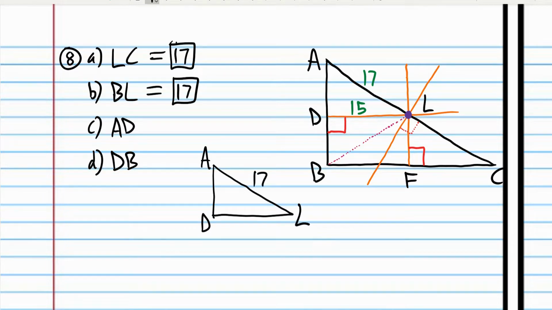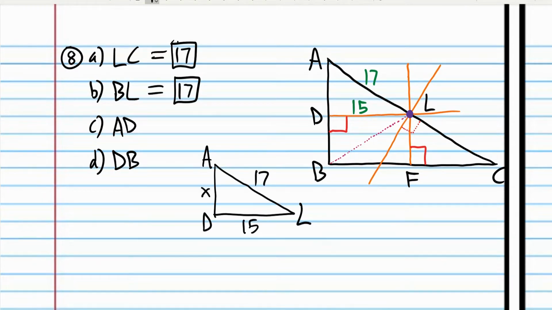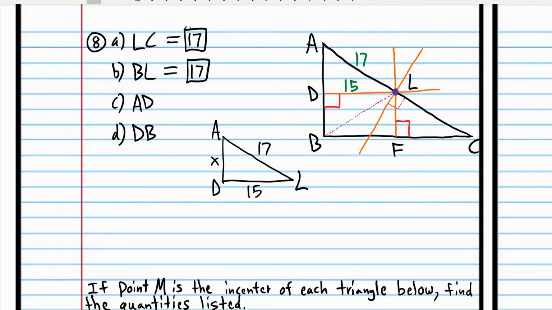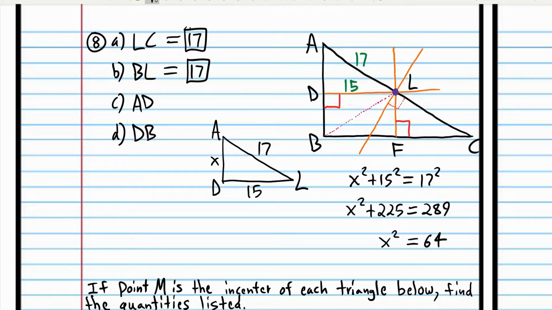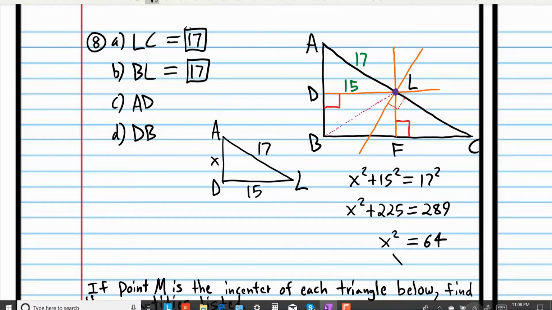This is 17 and this is 15, so we're looking for x. Use the Pythagorean theorem, and we have x squared plus 15 squared is equal to 17 squared. X squared plus 225 is equal to 289. Subtract 225 from both sides, and you get 64. Therefore, square root both sides, and x is equal to 8.